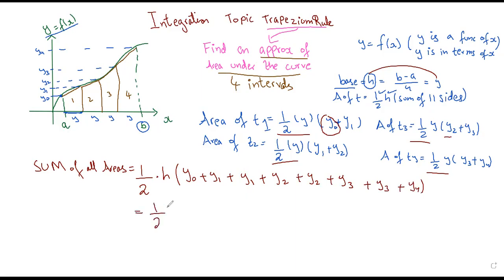Now y0 and y4 are coming once only, and the rest of the terms are coming 2 times. So I can write it down like this. Is it clear? Okay. So this is the general formula for trapezium rule.